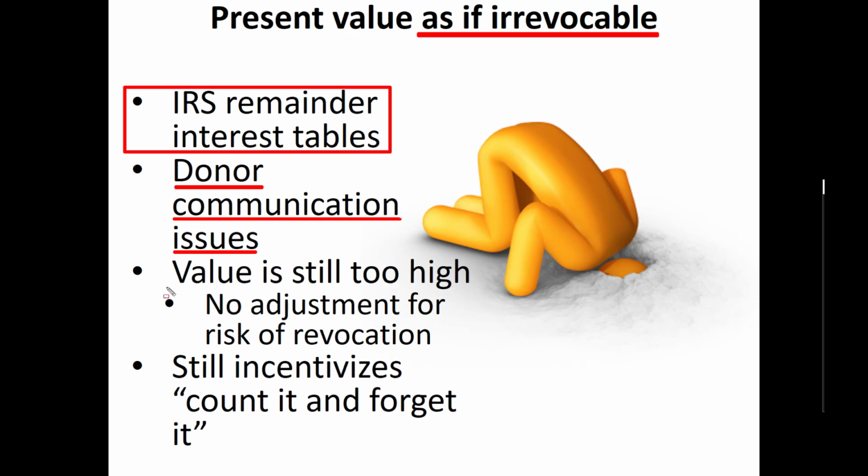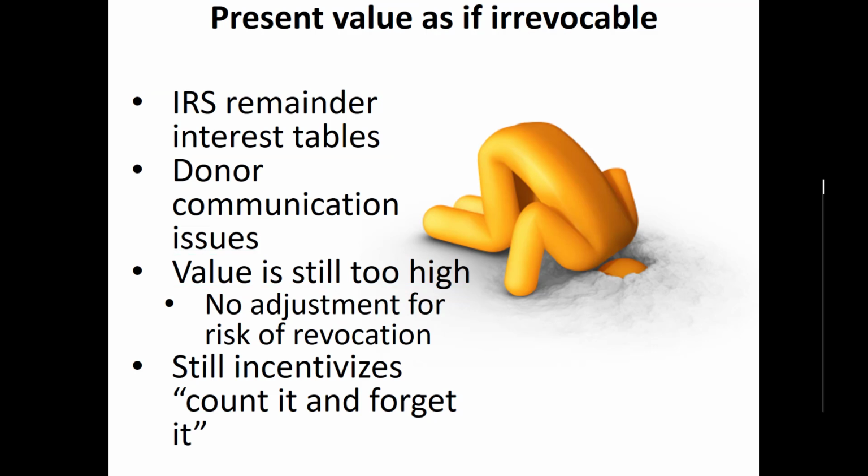We know, of course, that this value is too high. If we finally are using present value, so hooray for that, but we're counting it as if it was not possible to change it, as if this was an irrevocable gift, we know that that is too high. We know now it is not as high as counting it at face value, so it is closer to the truth, but it is still too high because we are not making any adjustments for the reality that these are revocable gifts.